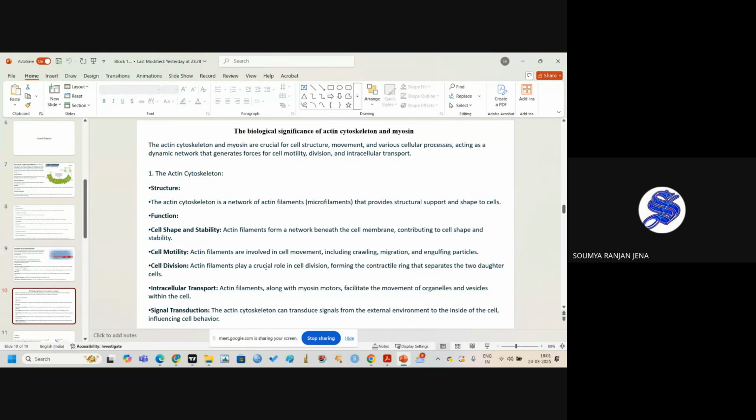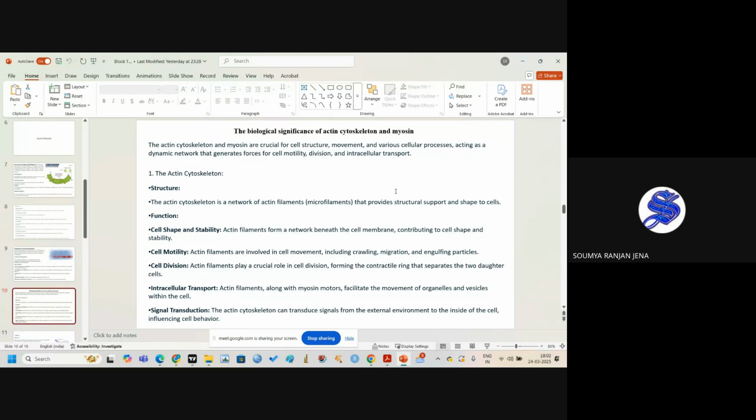It also helps in cell movement processes, including crawling, migration, and engulfing particles. During the engulfing process, for example, if a bacterium is outside the cell, the cell engulfs that bacterium and it fuses to the lysosome with the help of this cytoskeleton.